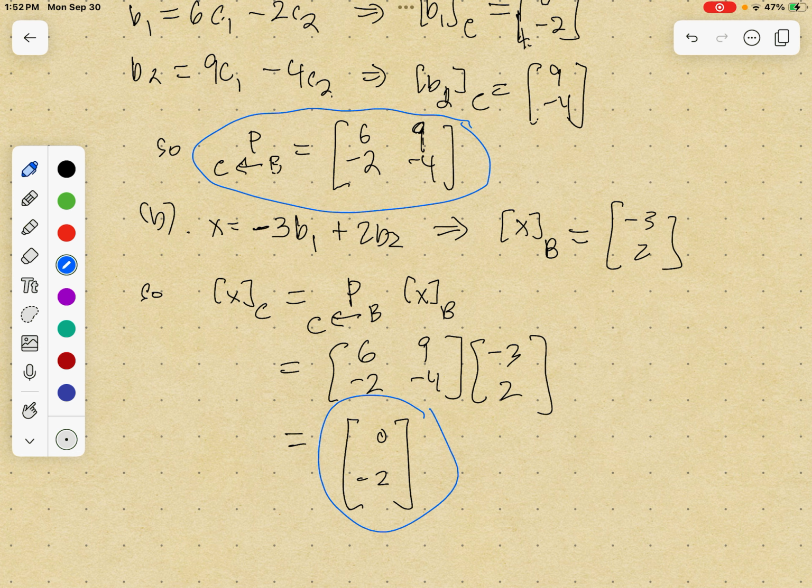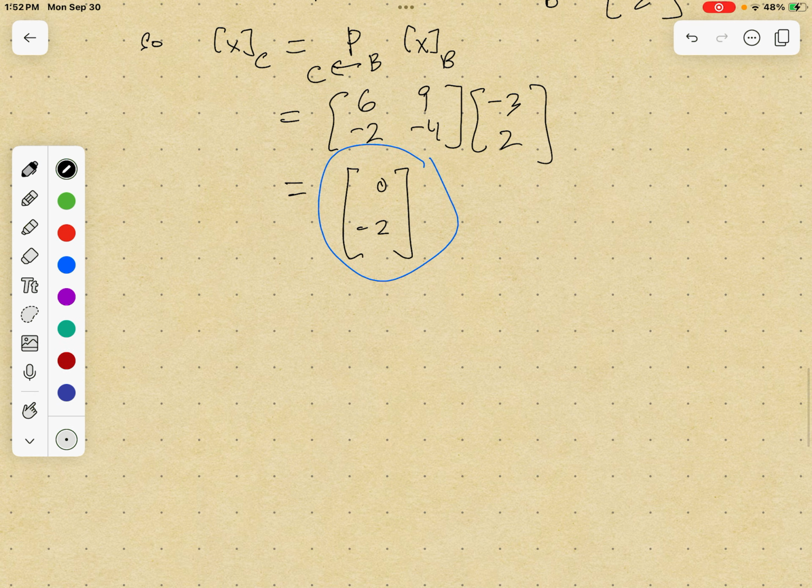Okay, let's do another one. Let's do number 13. For this example, you have to be familiar with the vector space of polynomials.